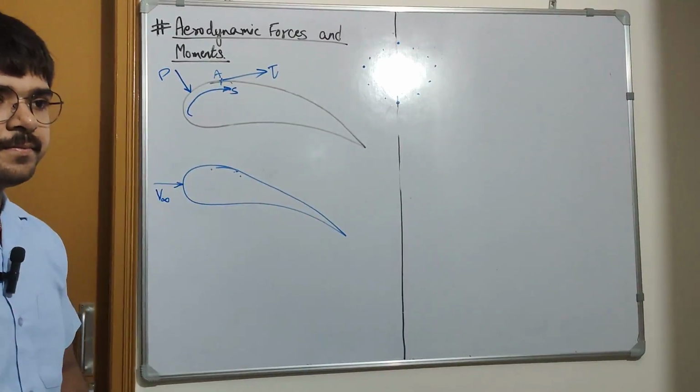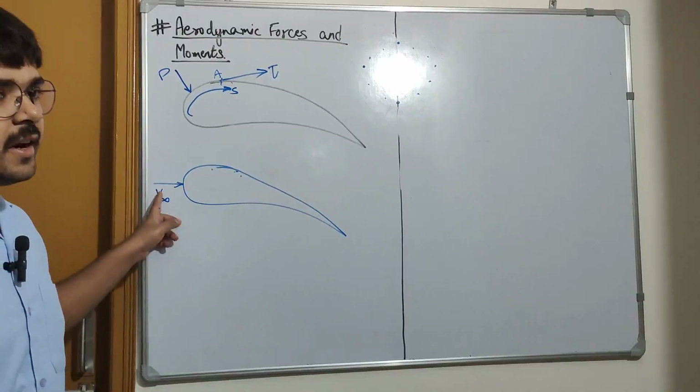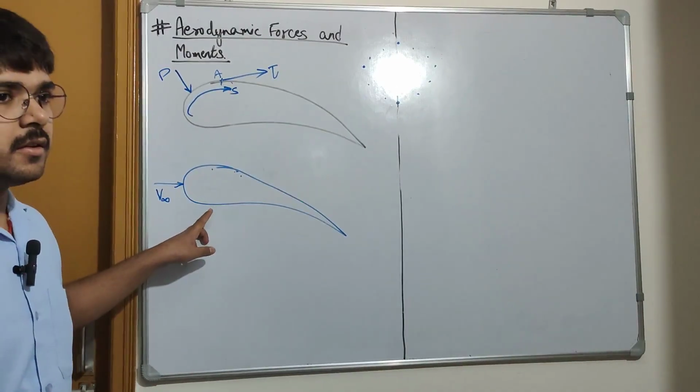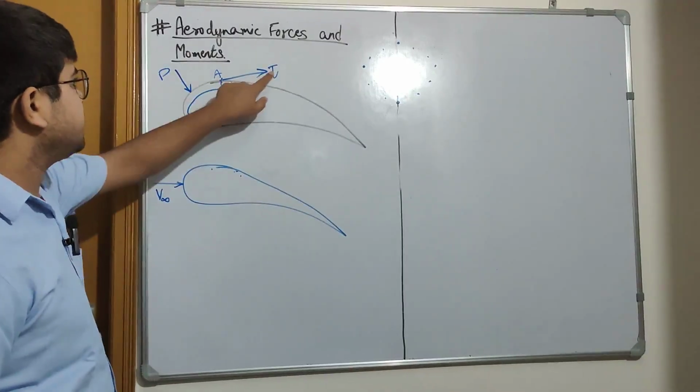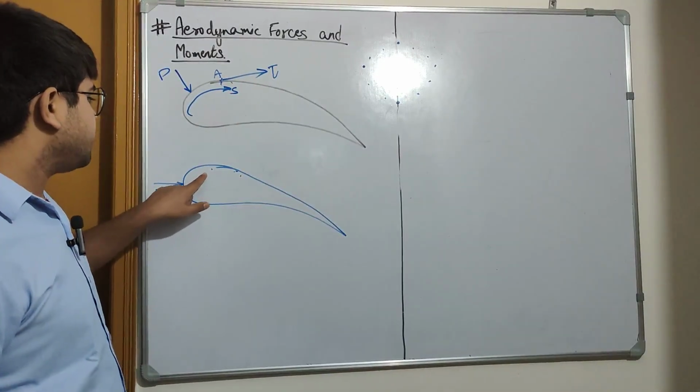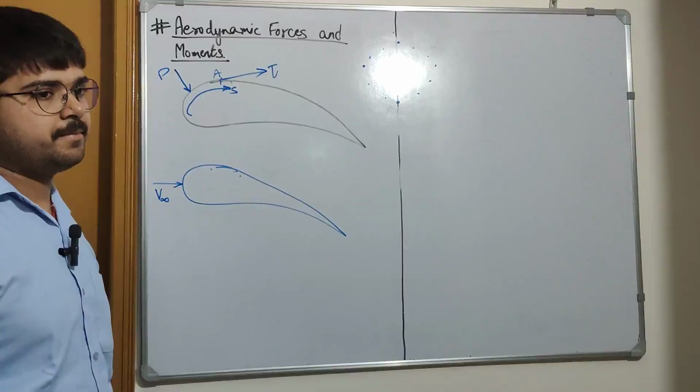So this V infinite will generate pressure and shear stress over the airfoil.